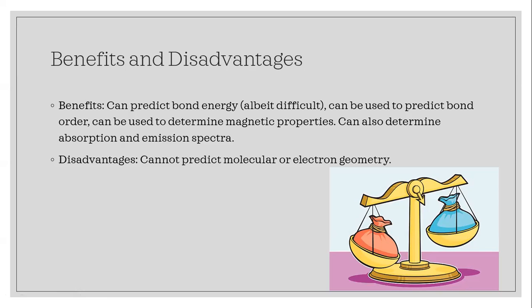Some of the benefits of molecular orbital theory are that you can predict the bond energy, even though it is pretty difficult, and you're not going to be able to do it just with the materials we have right now, but you can still do it. You can use it to predict bond order. You can also use it to determine magnetic properties and to determine absorption and emission spectra.